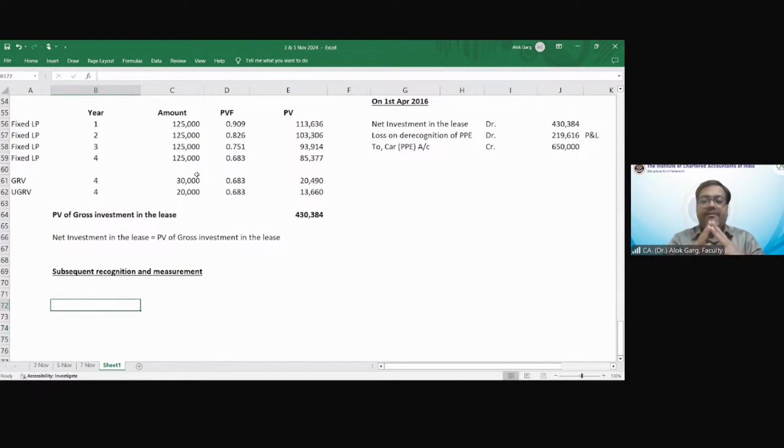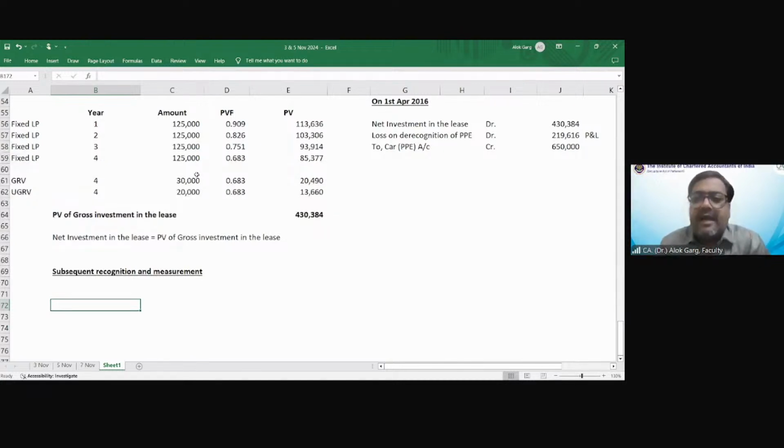So we have recognized, we have debited the right which I am going to receive, my finance lease receivable. I will be getting money. And I have de-recognized PPE because I'm not getting any benefit from using that asset; I have already leased it out and substantially transferred the risk and reward.